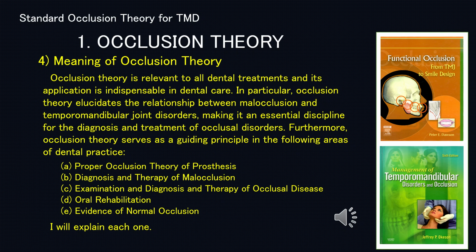Furthermore, occlusion theory serves as a guiding principle in the following areas of dental practice. A. Proper occlusion theory of prosthesis. B. Diagnosis and therapy of malocclusion. C. Examination and diagnosis and therapy of occlusal disease. D. Oral rehabilitation. E. Evidence of normal occlusion. I will explain each one.